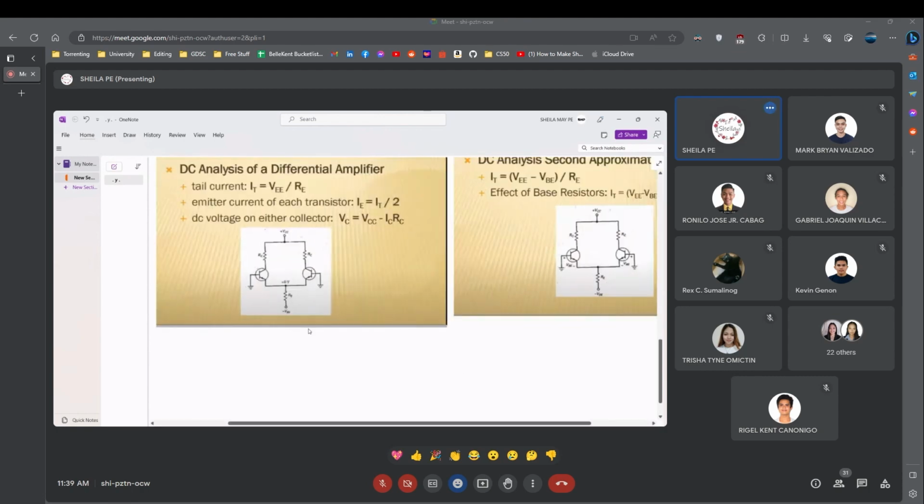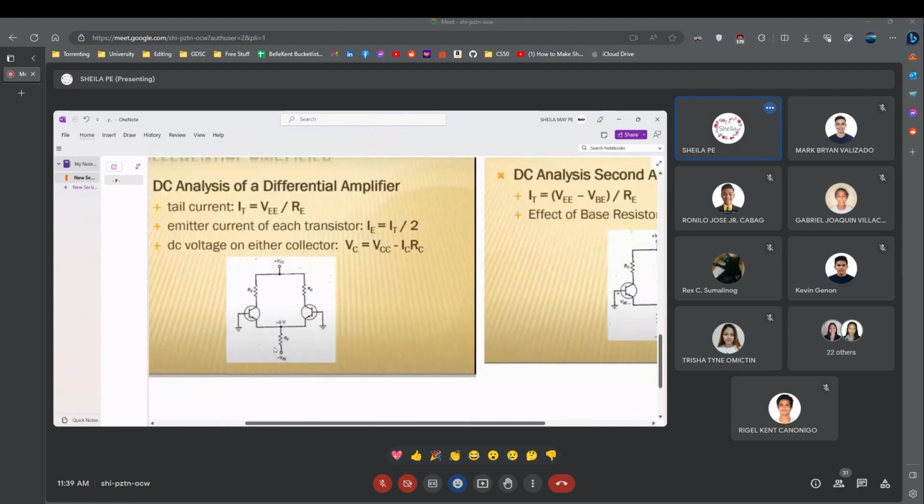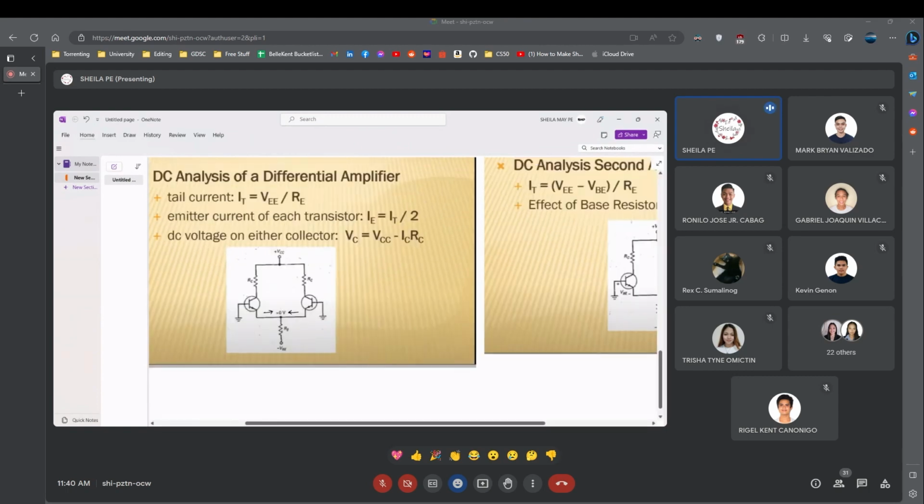Using Ohm's law. Now we have emitter current, that's IE, right? But as I've said earlier, IE flowing here and IE flowing here is just equal, because our Q1 and Q2 are just similar if we are looking at a good designed amplifier.